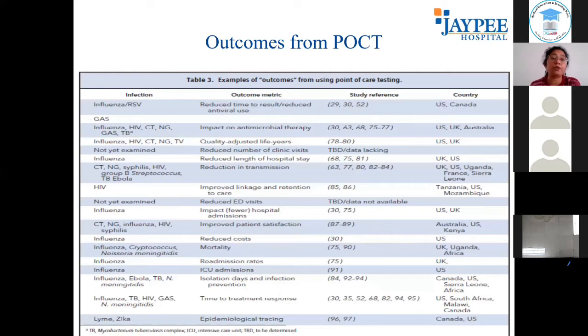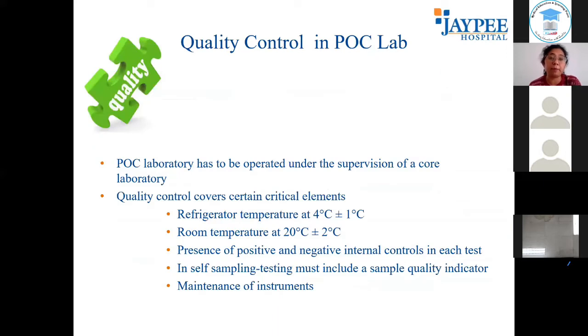And in the sexually transmitted diseases also, CTNG diagnosis helped. And tuberculosis, obviously, whether it's an MDR tuberculosis, XDR tuberculosis, it makes things much easier. So there are different things where the outcome metrics were measured, and in all the cases we have seen that POCT testing did help in many ways.